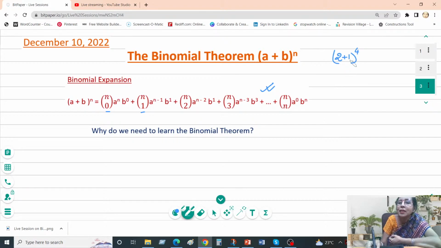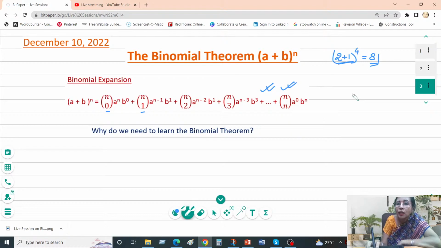We will just add 2 plus 1 to get 3, and raise 3 to the power of 4 to get the answer 81. Simple. Even though this is a binomial expression, we do not need this expansion to get to the answer.